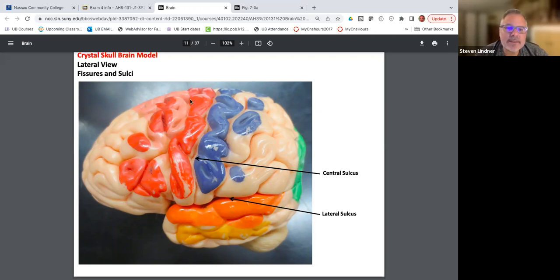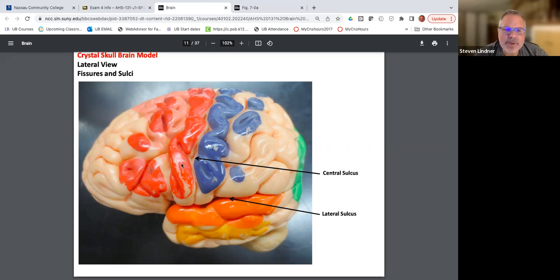This red strip right here is part of the frontal lobe, and the blue strip here is part of the parietal lobe. The red strip is part of the frontal lobe of the cerebrum, and the blue strip is part of the parietal lobe of the cerebrum. The orange is part of the temporal lobe of the cerebrum.